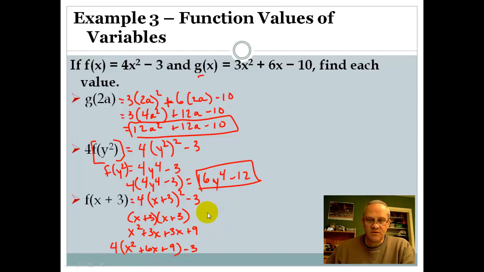So this is going to be 4x squared plus 24x, and then 9 times 4 is 36. So you have the plus 36 and then minus 3. So then we can combine the 36 minus 3. So in the end, we've got 4x squared plus 24x plus 33. That's what we end up with there.